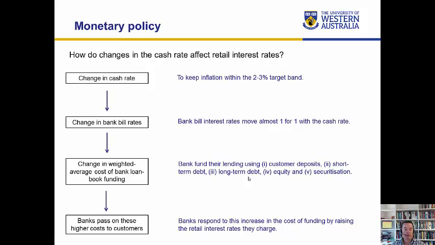You also need to know how, when mortgage interest rates change, and also all retail interest rates, so small business interest rates, car loan interest rates, you need to know how changes in those types of interest rates, which I call retail interest rates, affect aggregate demand, how they affect the aggregate demand curve in the ADAS model, so you need to be able to illustrate that using the model, and how then changes in aggregate demand affect real GDP and the inflation rate.